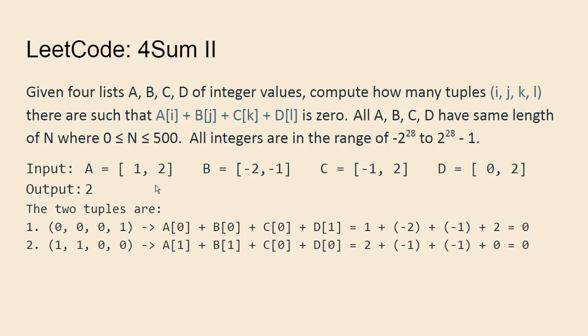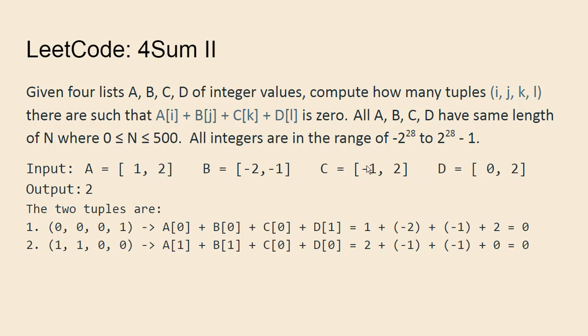Then the sum is 0. The second way is we pick 2 here, negative 1 here, negative 1 again here, and then 0. So 2 plus negative 1 plus negative 1 plus 0 also gives us 0. We are asked to find all such ways to make 0.